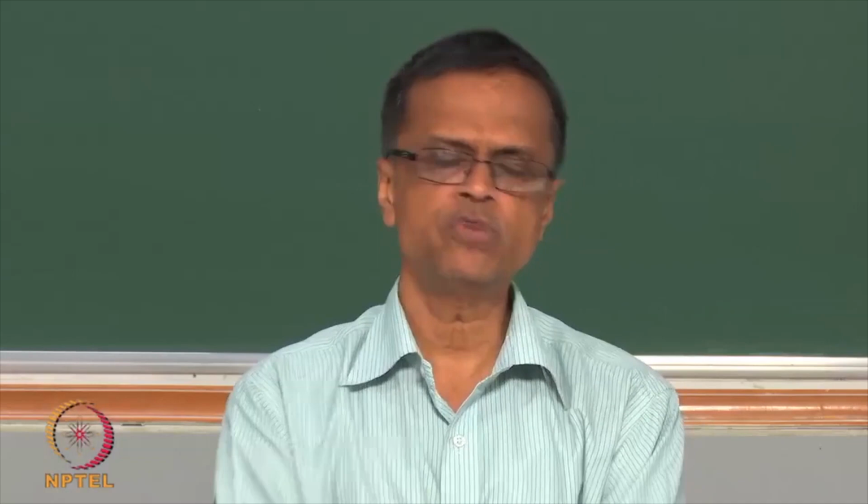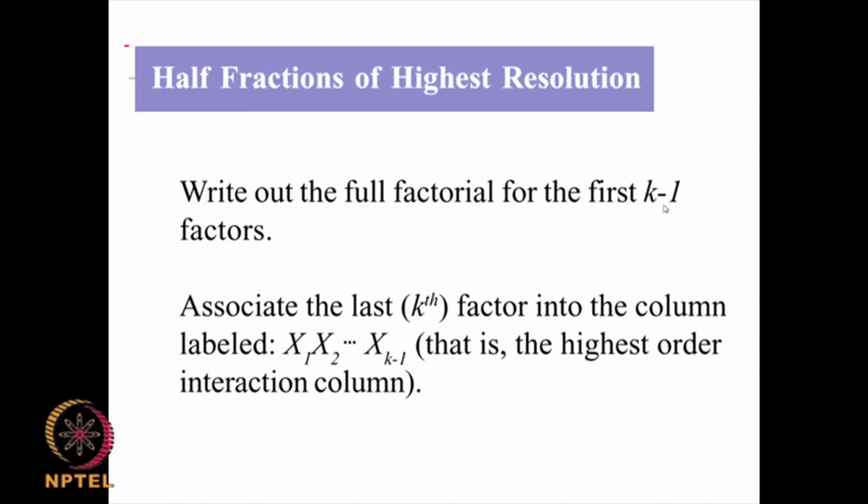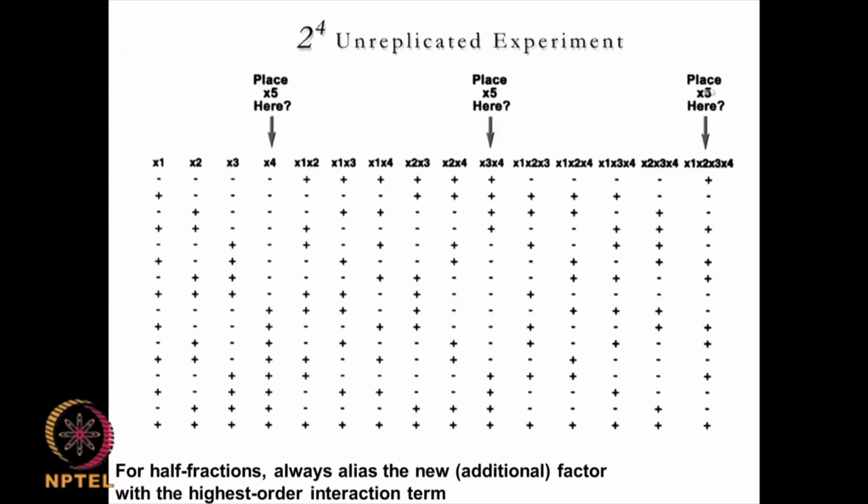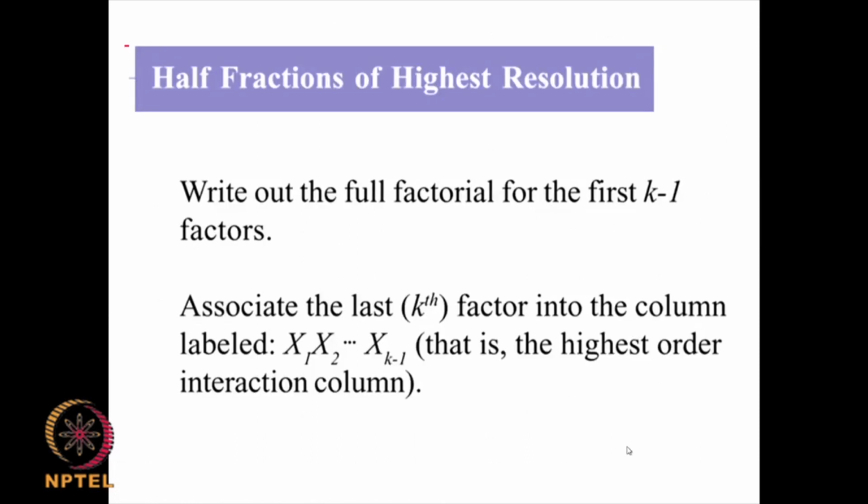So first I will write the full design for the k minus 1 factors, and then associate the last kth factor with the column that is the highest order interaction, and put the new variable there. That is always good. So half fractional is very easy to do, it is not very difficult.